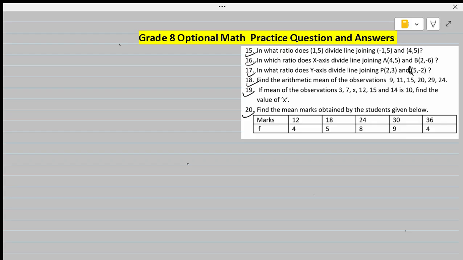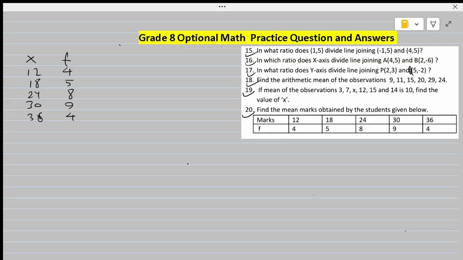Here marks are given, which I denote by x: 12, 18, 24, 30 and 36. Their frequencies, or number of students, are given as 4, 5, 8, 9 and 4. For this we are asked to find the value of mean.